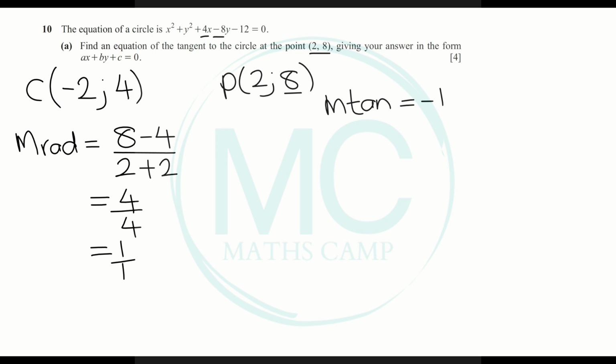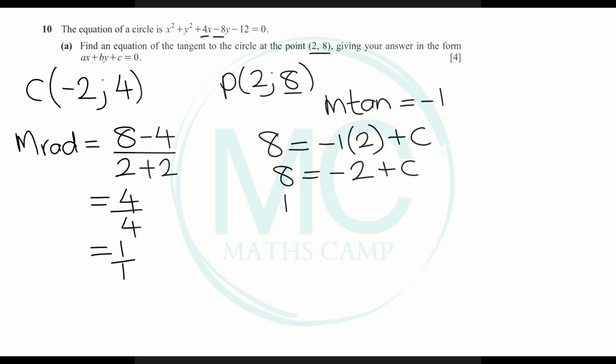We have a y coordinate of 8, so we can say 8 is equal to m, negative 1, multiplied by x, which is 2, plus c. So we have 8 is equal to negative 2 plus c, which means that c is equal to 10.